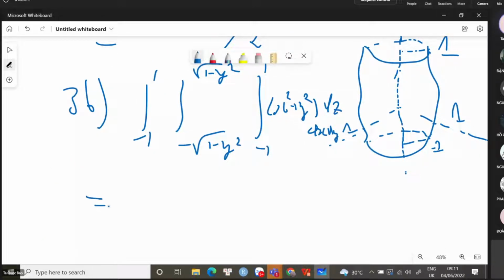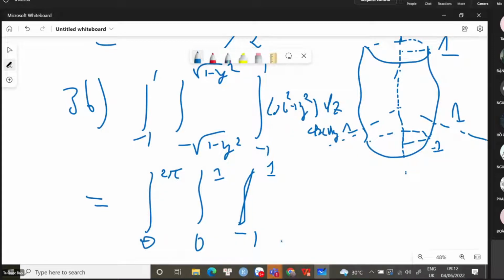So this is equal to, now we change to the cylindrical coordinates, and you get 0 to 2 pi, because you can see this is exactly the circle with radius 1, and 0 to 1, integration from minus 1 to 1 dz.